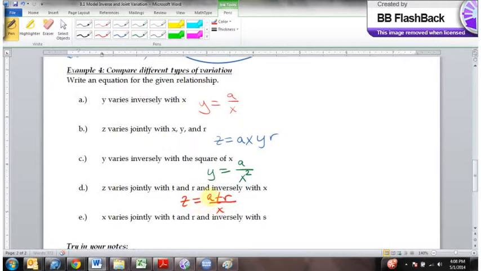So we have a over x, and we have a t r, so we have jointly and inversely all in the same equation. Last one, x varies jointly. Okay, again, we have more than one letter going on here, so x equals a, don't forget your constant of variation, t r, so we write t, r, and now we're going to do inverse again, inversely with s.